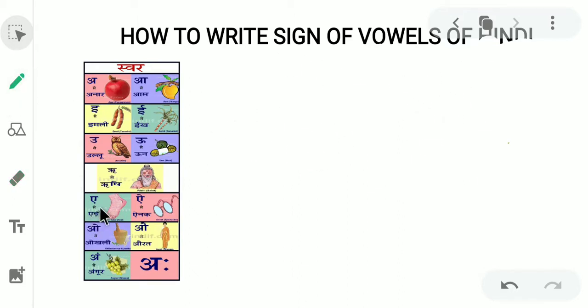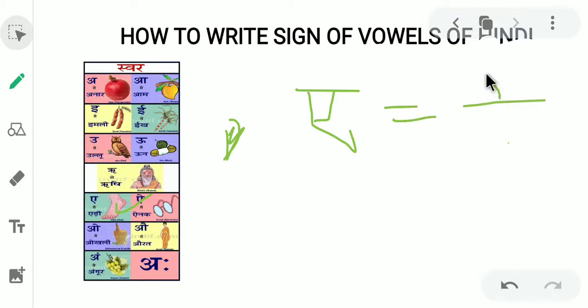Now I'm going to tell how to write the sign of A. How to write the sign of A. If you have to sign it, you can sign it like this, on the above of any word.